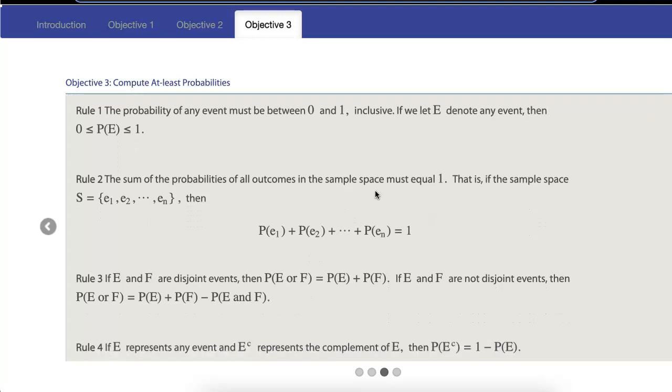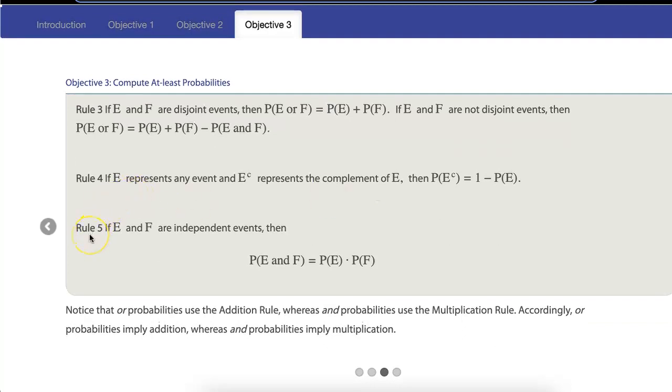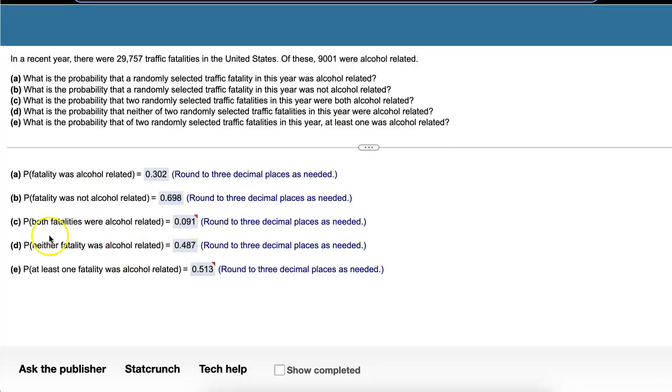Here, the first 3 rules aren't really related to what we're looking at in our problem, but this last rule says: if E and F are independent events, then the probability that E and F occur is the probability of E times the probability of F. Now, how we can apply that to this problem is that we really have 2 alcohol-related probabilities in part C. In other words, it's like saying the probability that one fatality is alcohol related and the probability that another fatality is alcohol related.